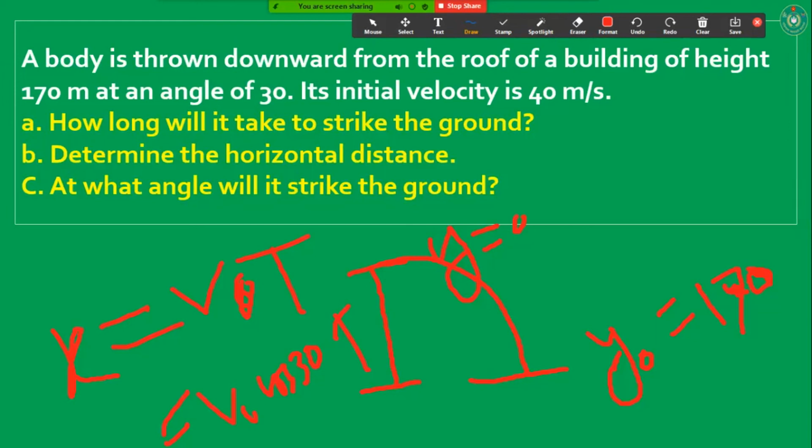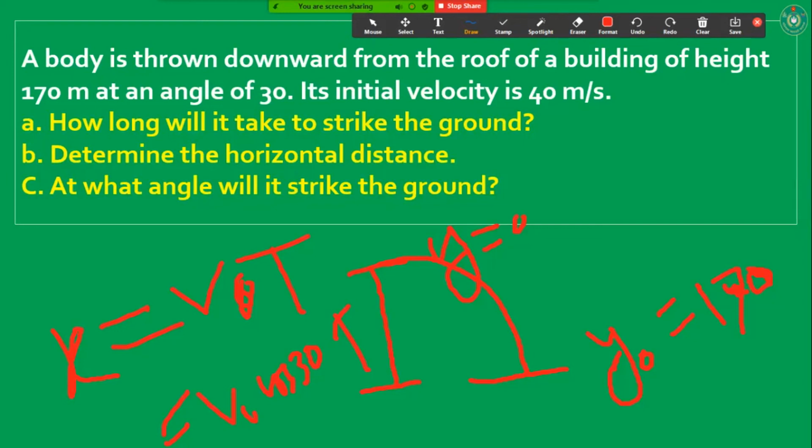Now, at what angle will it strike the ground? It is related to the equation I discussed a little while ago, y minus y0.